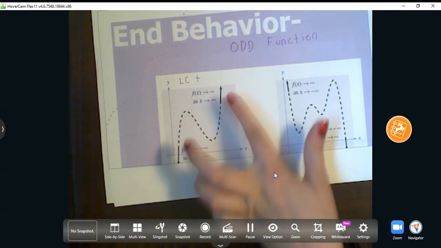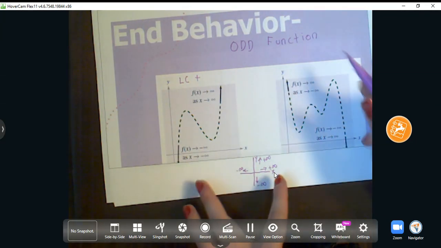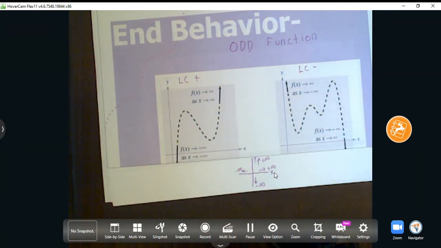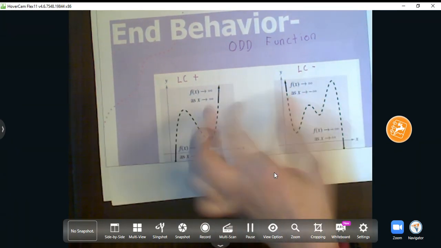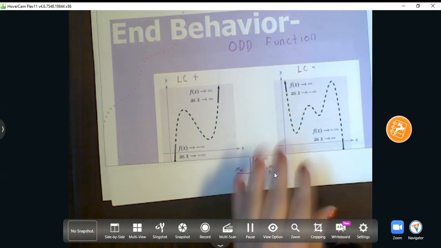So the left side's going to go down, the right side's going to go up. Whatever happens in the middle happens in the middle. We're not too worried about that when we're talking about end behavior. And then over here is when our leading coefficient is negative. And both of these, again, are for an odd function, which means that the degree, remember your biggest exponent, is odd.